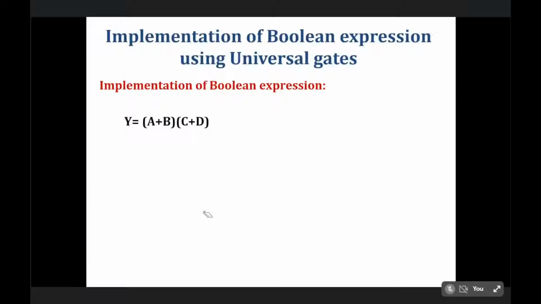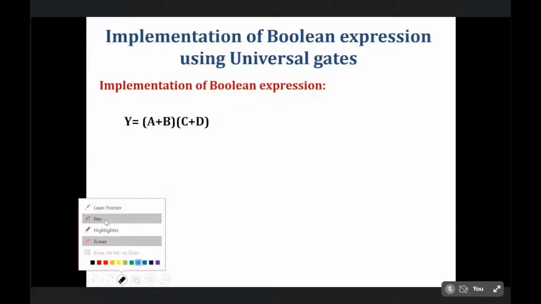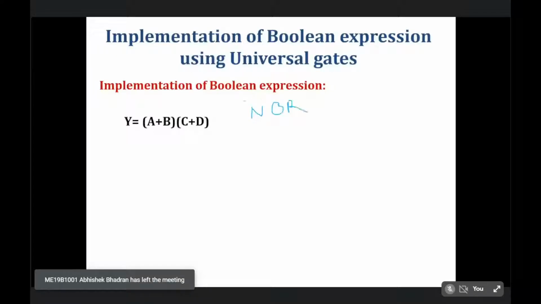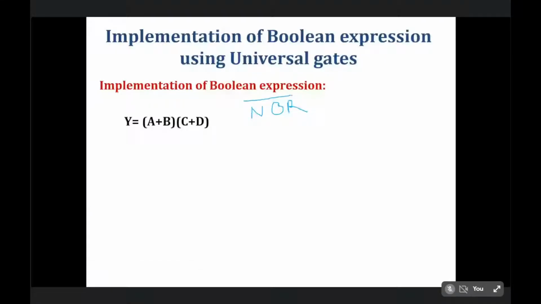We have to implement this simple Boolean expression with the use of the NOR gate. Can you try this implementation? Try and tell me how many NOR gates are required for this.